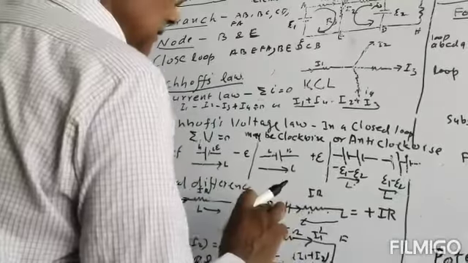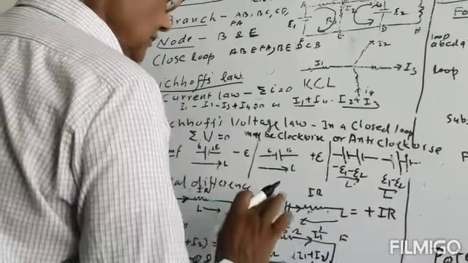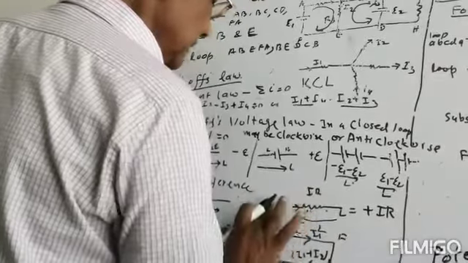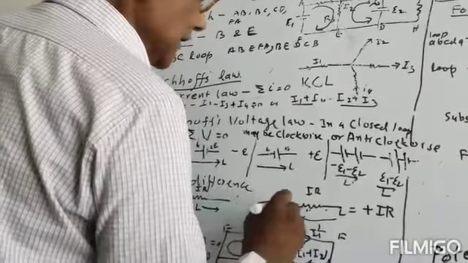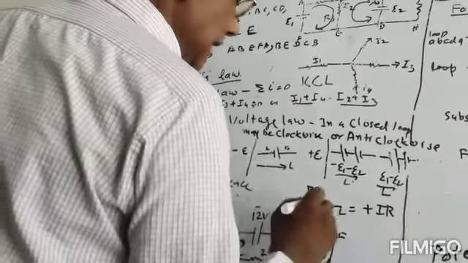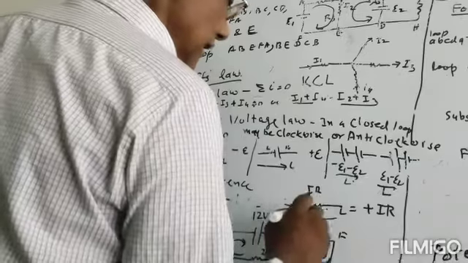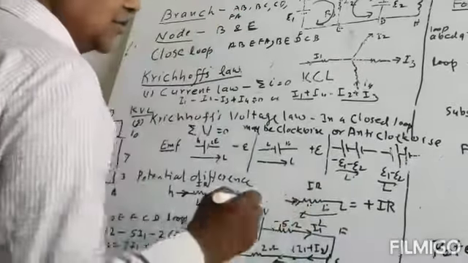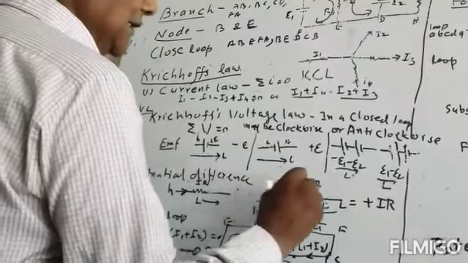Now in the second case, we take the resistance, our direction of loop is this and the current is opposite. So here it is the higher end, here it is the lower end.